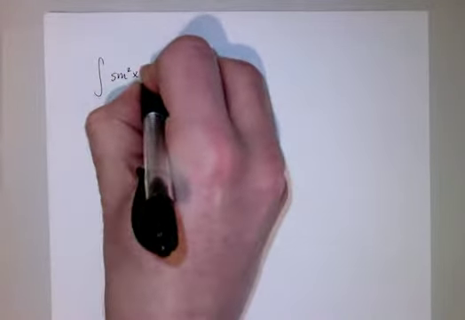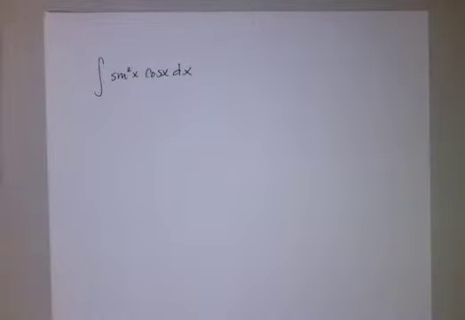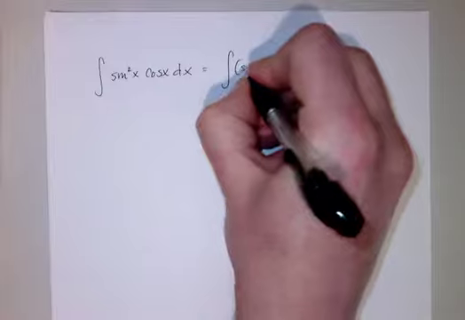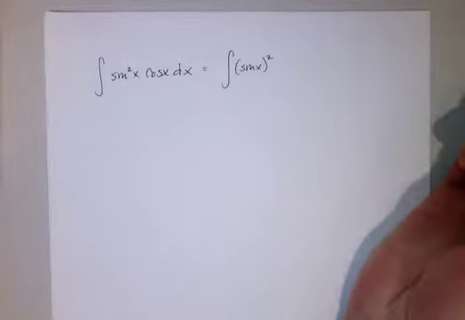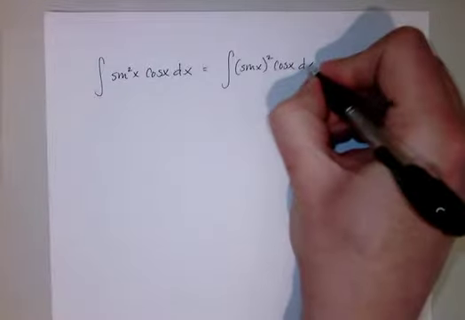So let's go ahead and do the next one that I've highlighted on this worksheet that I've pulled off the internet. And I have sine squared x cosine x dx. Okay. Now, here's the thing. Most of y'all probably see that, but we've got to remember that sine squared x is lazy man's notation for sine x in parentheses, the whole quantity squared.